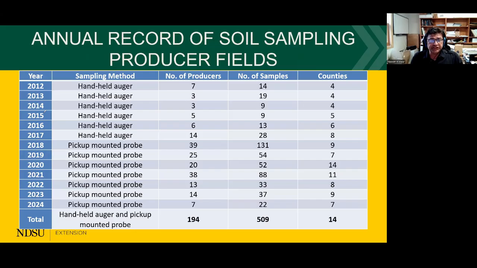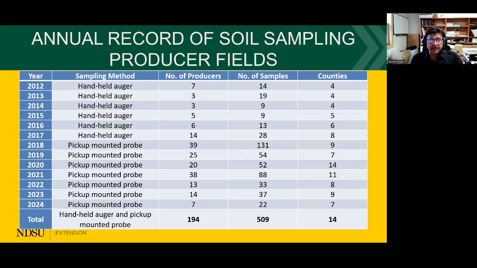And I'm going to quickly share with you some of the data. So this data belongs to the producer fields that were unproductive. With close coordination of our extension agents, what we do here in Langdon, I go out and I help farmers with sampling unproductive areas.